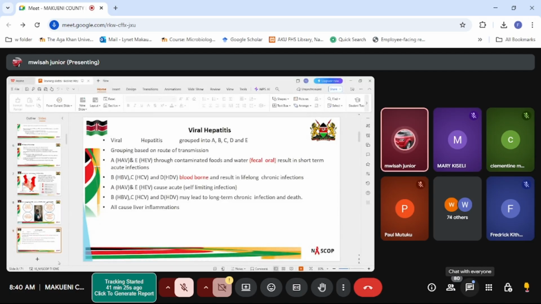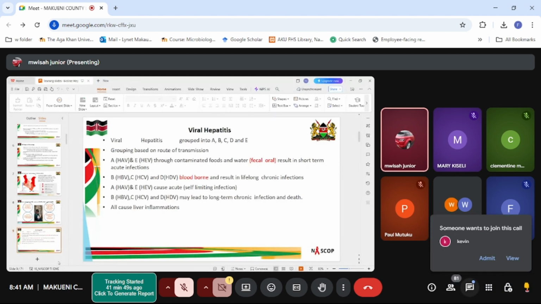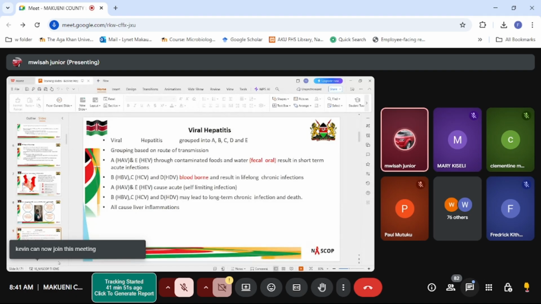Hepatitis A and E cause acute, that is self-limiting infection. What we mean by self-limiting infection is that the immune system can clear the virus itself without interventions or prophylaxis. Then hepatitis B, C, and D may lead to long-term chronic infection and death. And all of them, A, B, C, D, and E, cause liver inflammation.